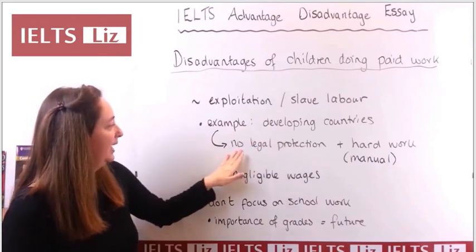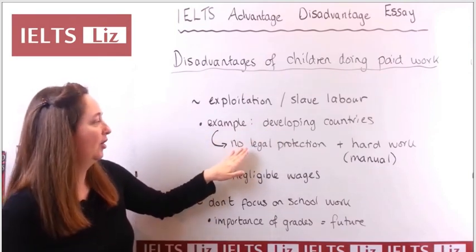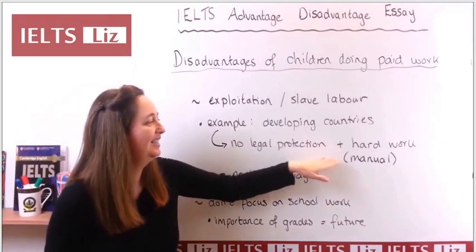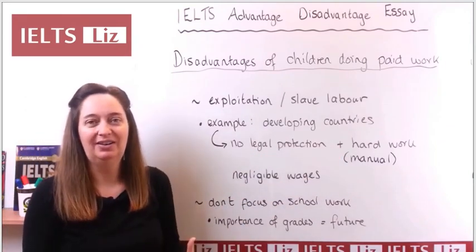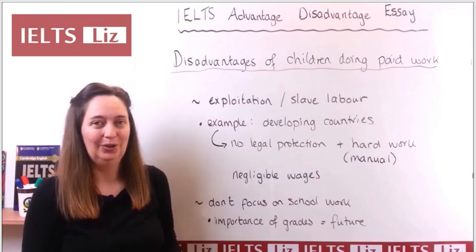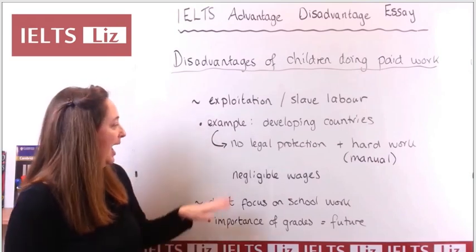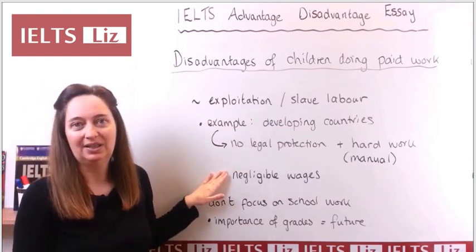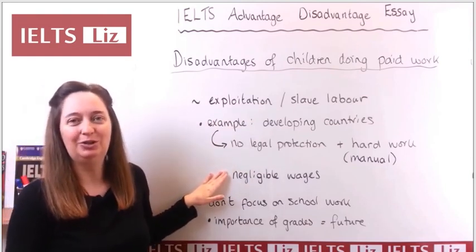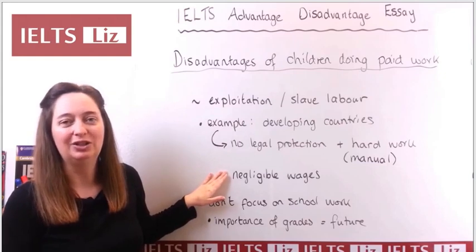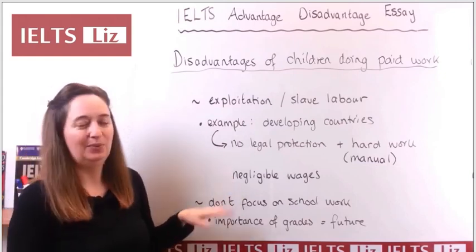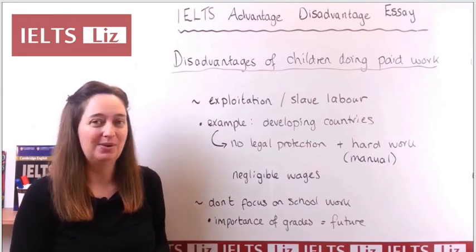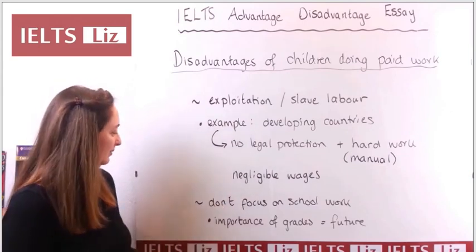And I will explain that the children do not have legal protection when they're doing their work, and it can often be really tough, hard, manual work as well. And another problem with this is that they're doing the same work as adults, but for negligible wages, which means low wages. It's often a good idea when you're planning your supporting points to think of any useful language that you might want to use and make a note of it.